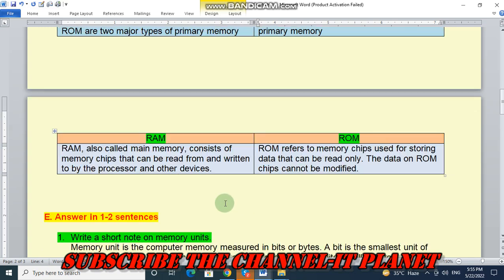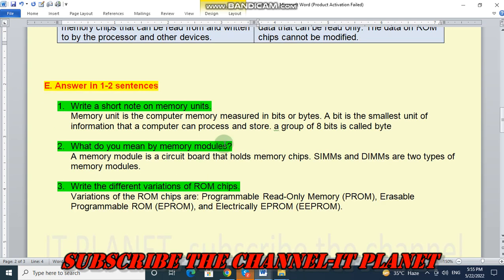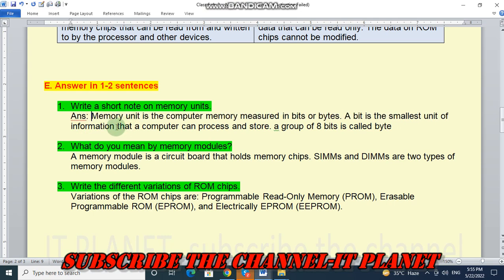Let's see the next question. Answer in 1 to 2 sentences. The first question is, write a short note on memory units. So this is the answer. Memory unit is the computer memory measured in bits or bytes.